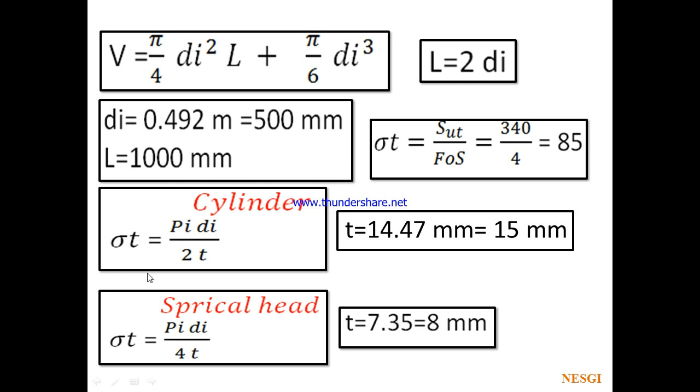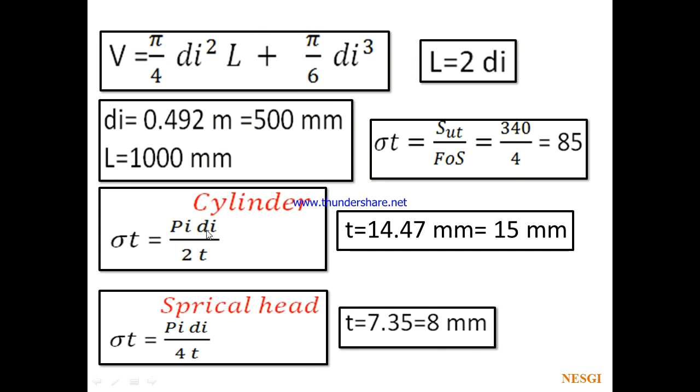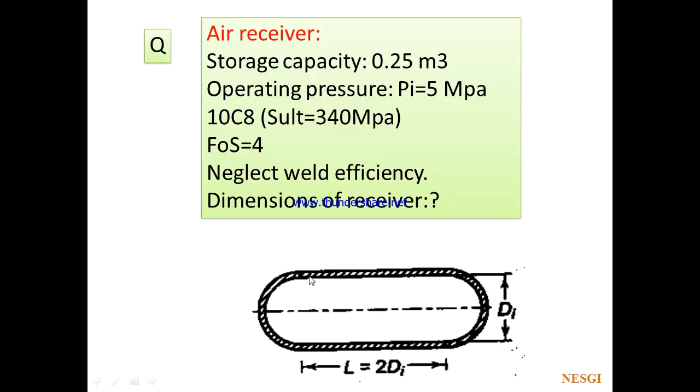For cylinder thickness we have to calculate by using the equation Pi into Di by 2T. So if you substitute sigma T value is 85, Pi is inside pressure is 5 megapascal, Di is 500 mm. So only unknown is T. You just find the value of T. So you will get 15 mm.